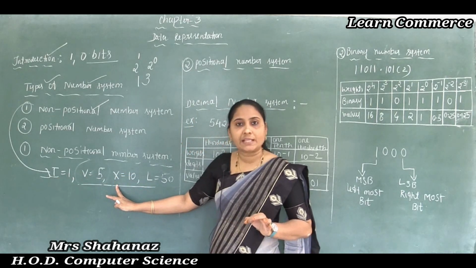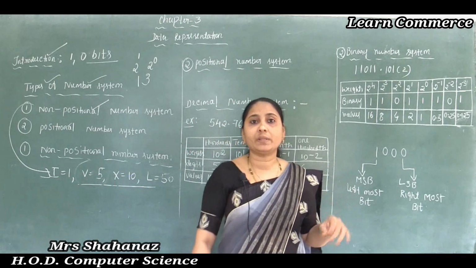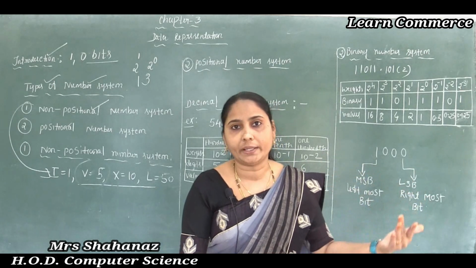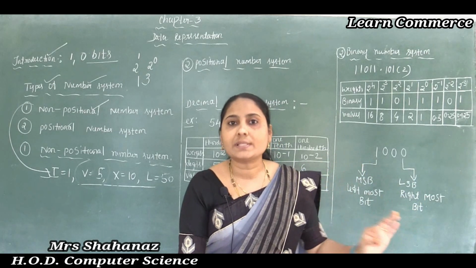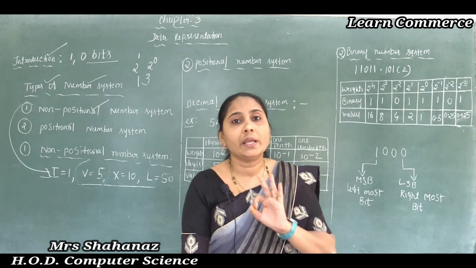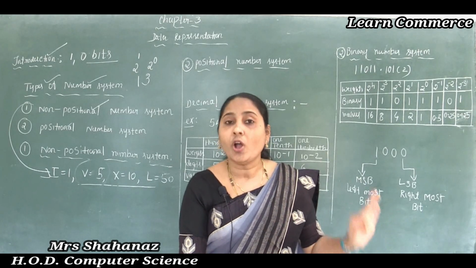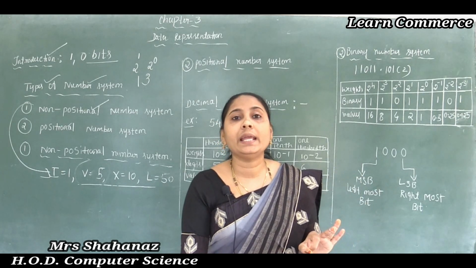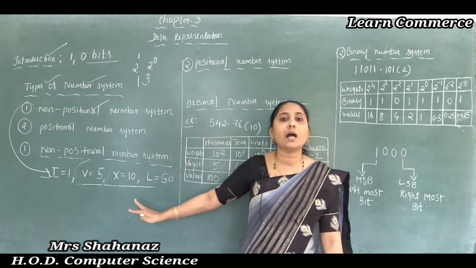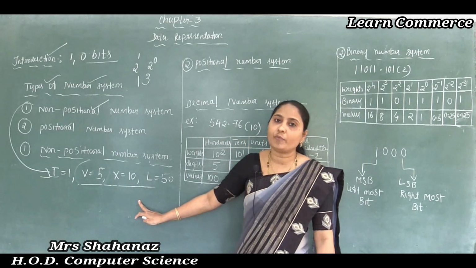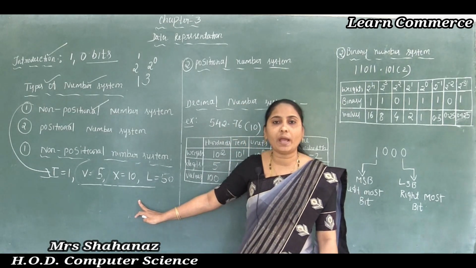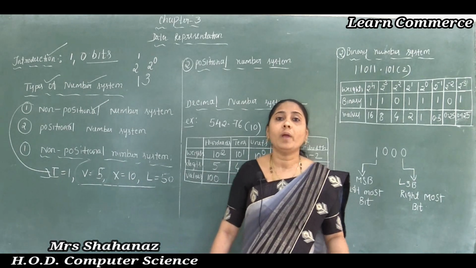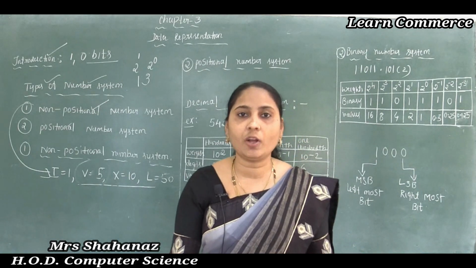But if you want to use a longer number, a large quantity of numbers, then the non-positional number system is not suitable. Clear this point? It is inconvenient to represent a large quantity of numbers, and so it cannot be effectively used to perform any type of arithmetic operation.